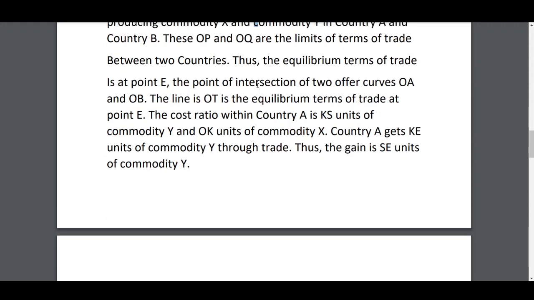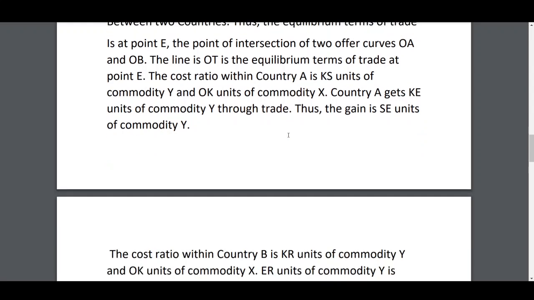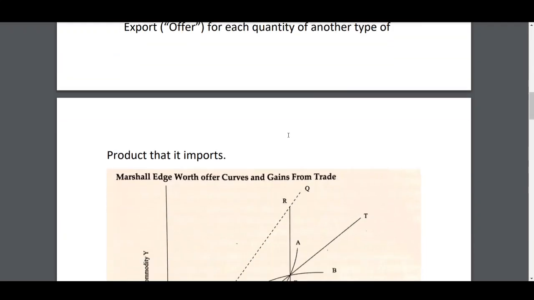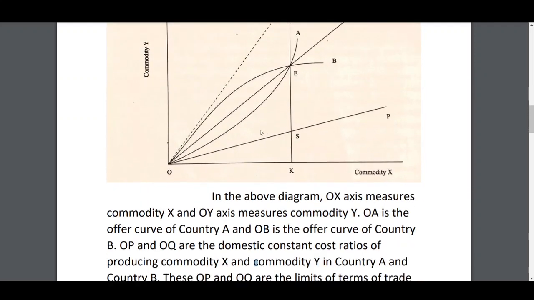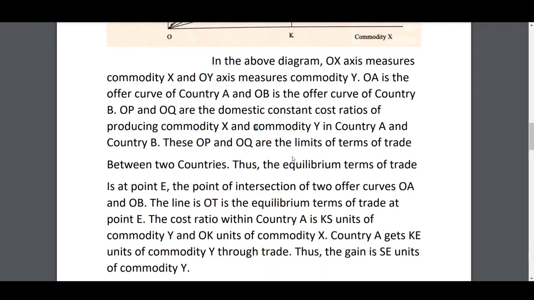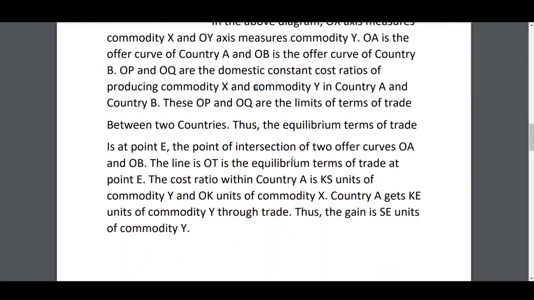The cost ratio within country A is OK units of commodity X and KS units of commodity Y.